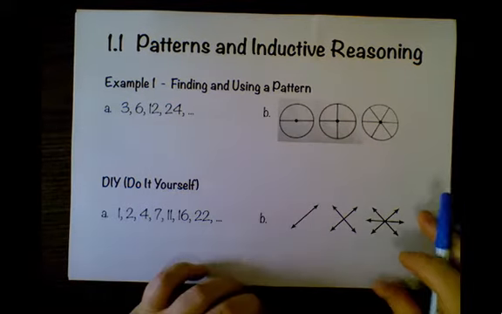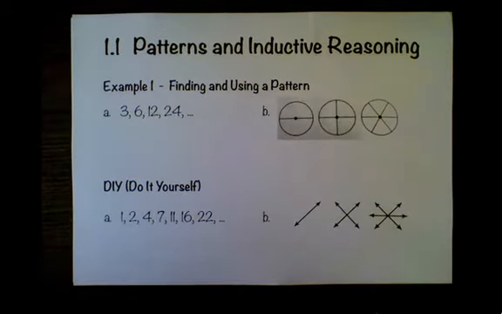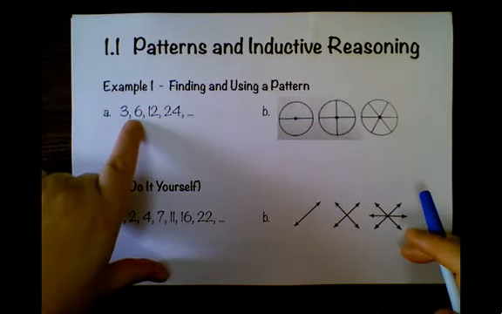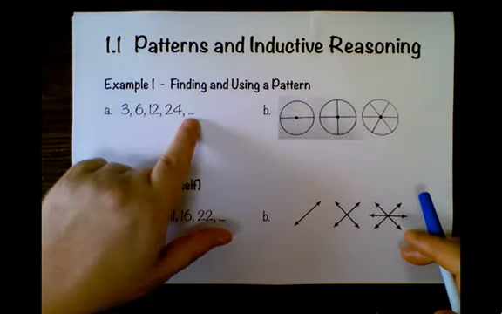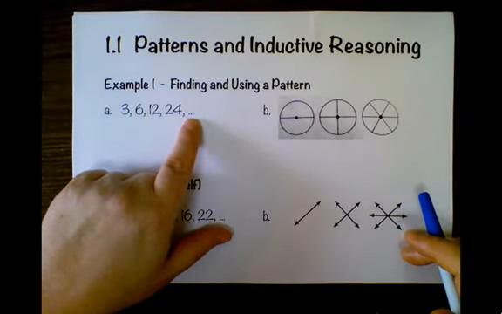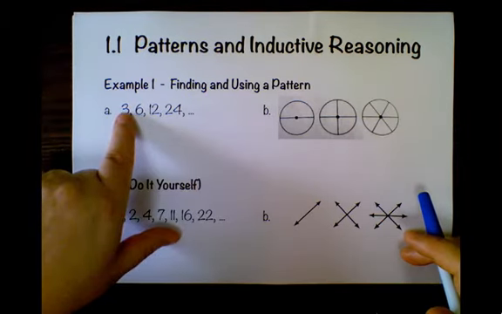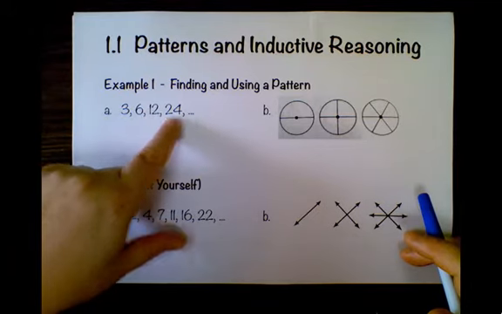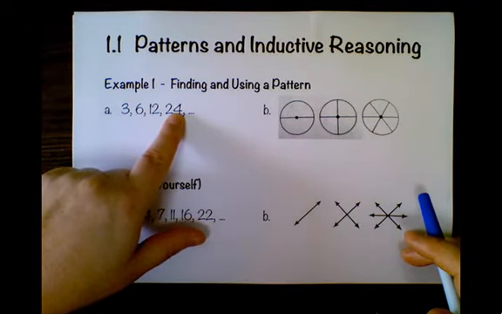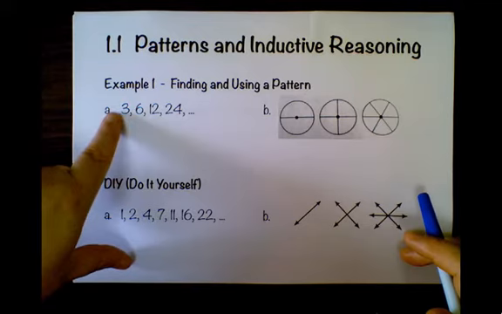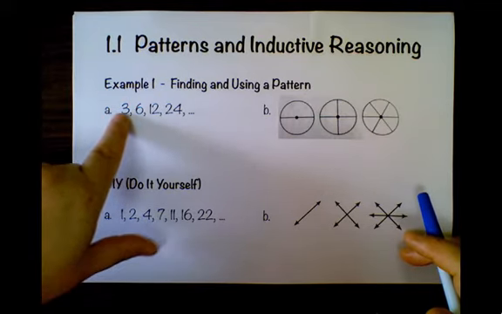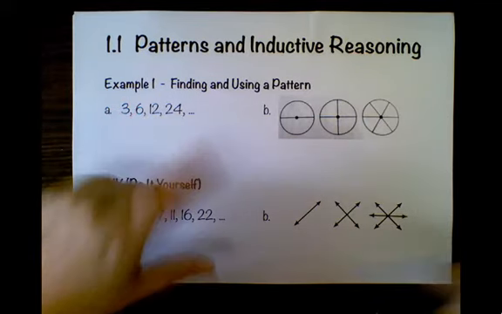Alrighty, so for patterns, 3, 6, 12, 24, ... So what comes next? Well, to go from 3 to 6, that's 3 apart. 6 to 12, that's 6 apart, that's 12 apart. So it's not just adding the same number every time. Let's see. But it's doubling.